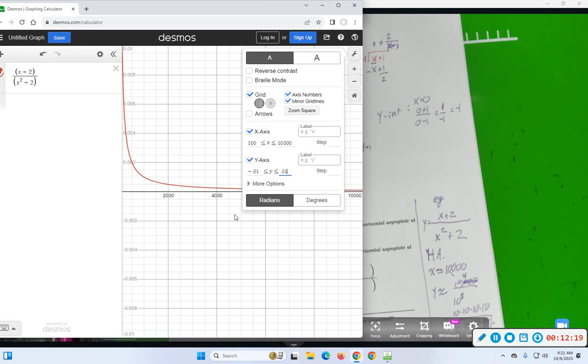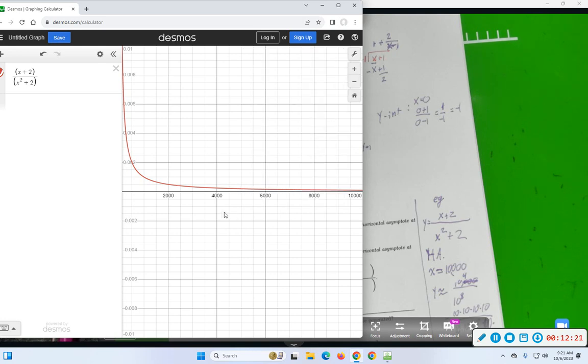There we go. And the y values are now ranging from negative 0.01 to 0.01. Those y values look like they're getting real close to 0. And I've already zoomed in an awful lot in the y direction. So yeah, this has a horizontal asymptote at y equal to 0. And the reason it has it is just because you're dividing by something that's way bigger than the thing you have on top. I guess that makes sense. If you divide a number by a number way bigger than it, you basically get 0.